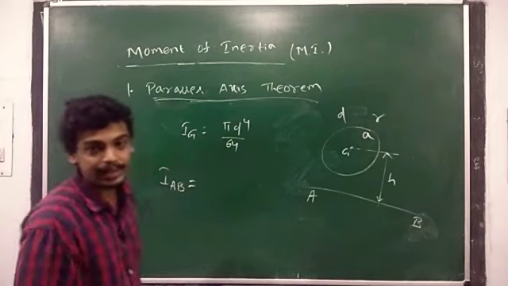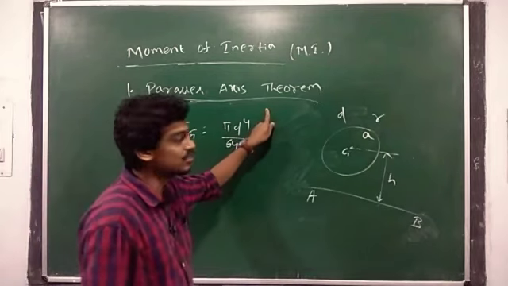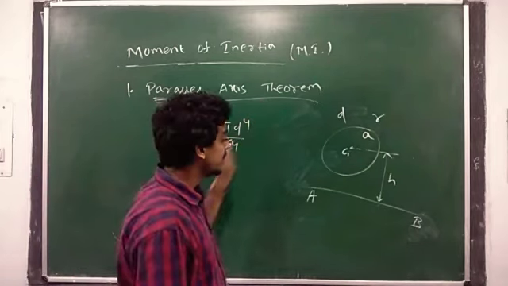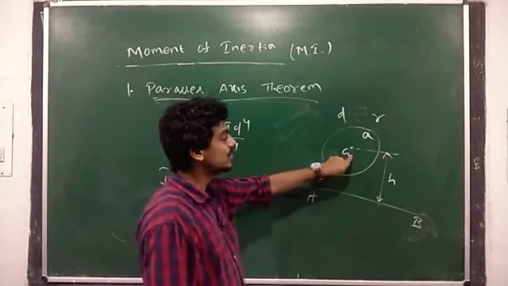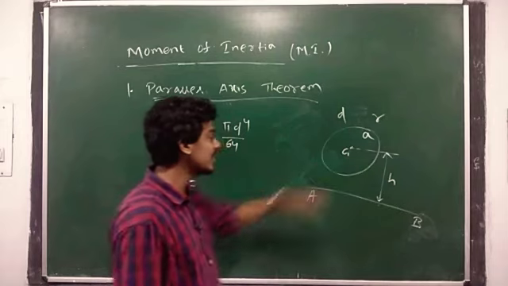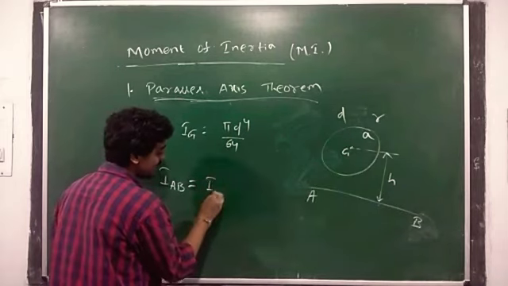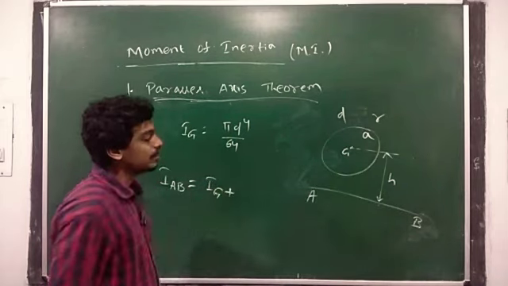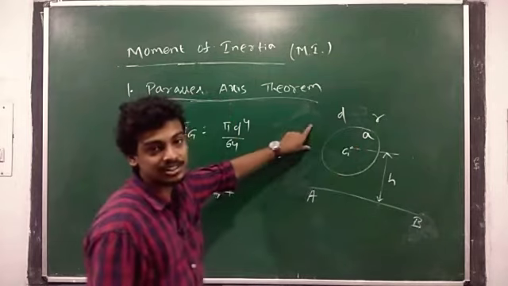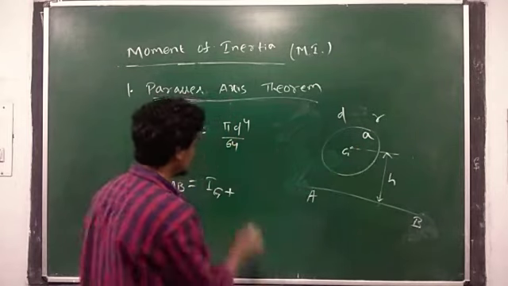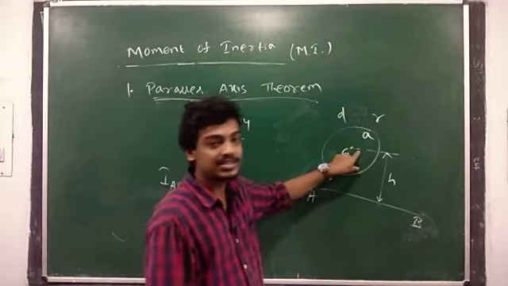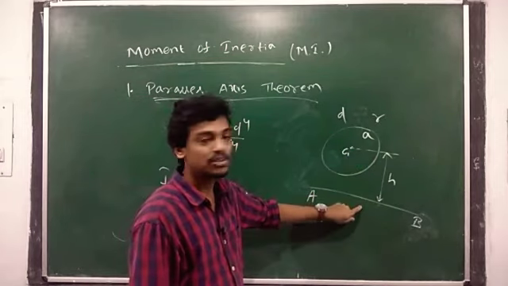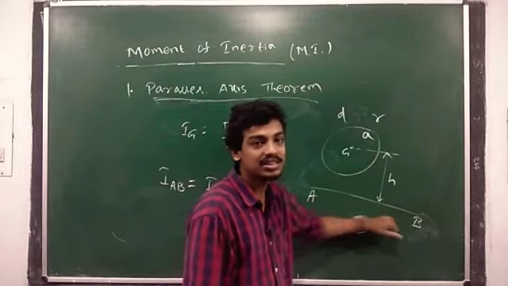Now how to calculate AB? This AB can be calculated by using parallel axis theorem. It is telling that the inertia about this line will be the summation of the moment of inertia about central axis, suppose Ig, plus the multiplication of the area of that section, that is A, into the distance between the central axis and the section where it is required.